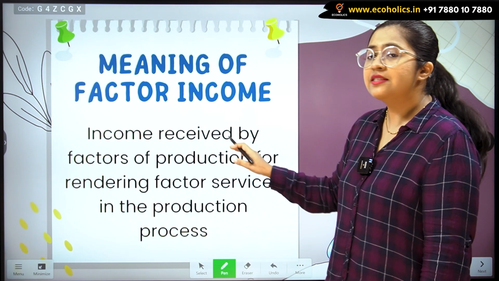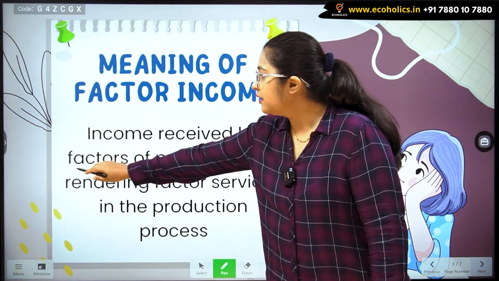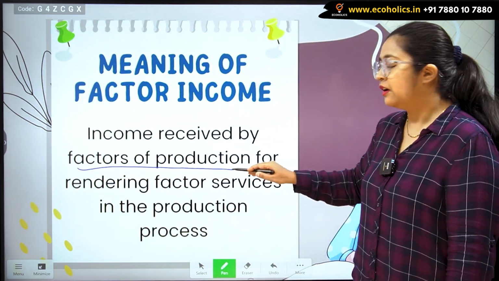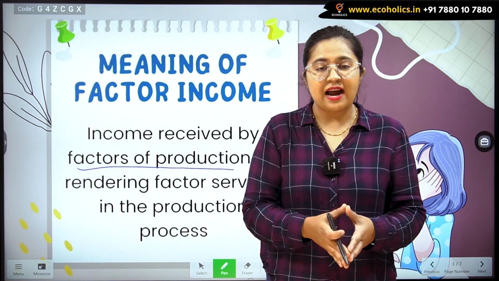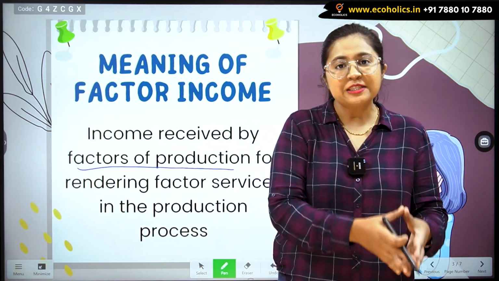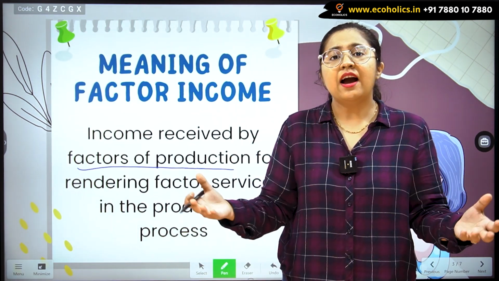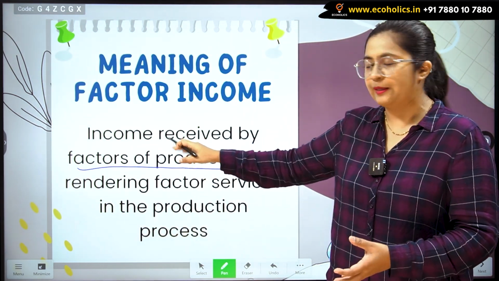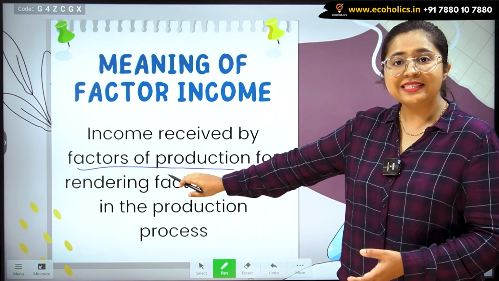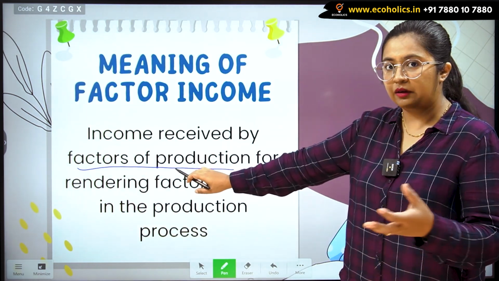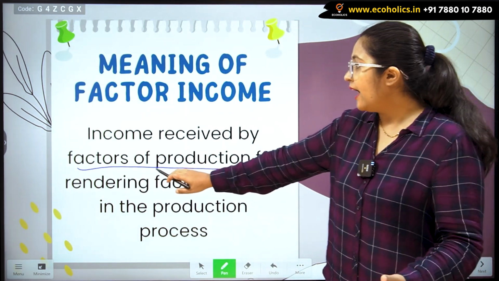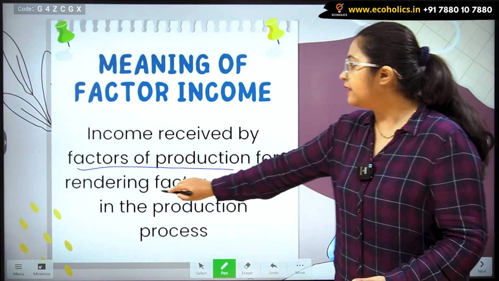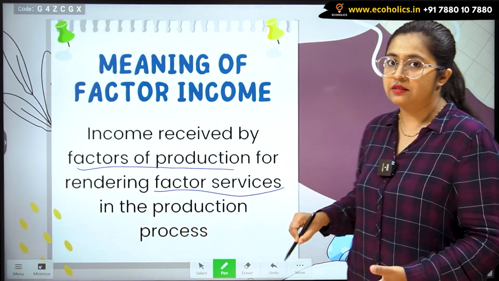The income that is received by factors of production, namely land, capital, enterprise, or any such factor, is received for rendering factor services.